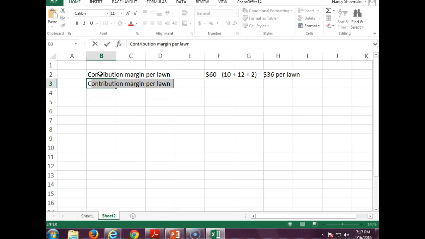So our contribution margin ratio, how are we going to figure that out? Will we take 36 bucks divided by 60 bucks? What's that going to be? What's half of 60? 30. So that's 50%, right? And then we got an extra 6.